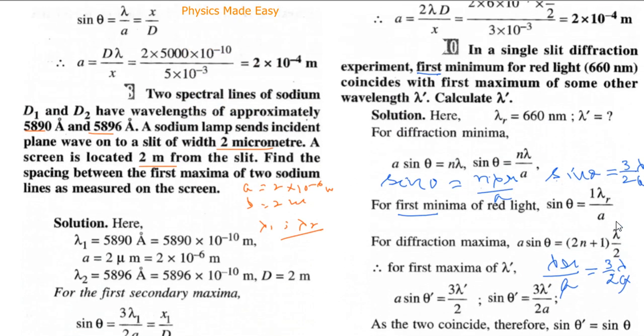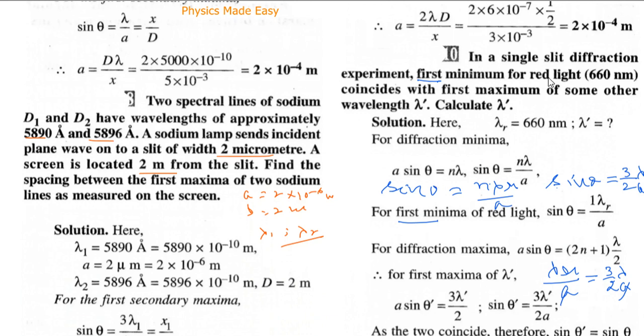Again, remember the first minima of red light is given by lambda red by a. And the first maxima for some other wavelength, I will take it as lambda dash. In the equation for first maxima n will be equal to 1. If n is 1, then this will become 3 by 2 into lambda dash by a.